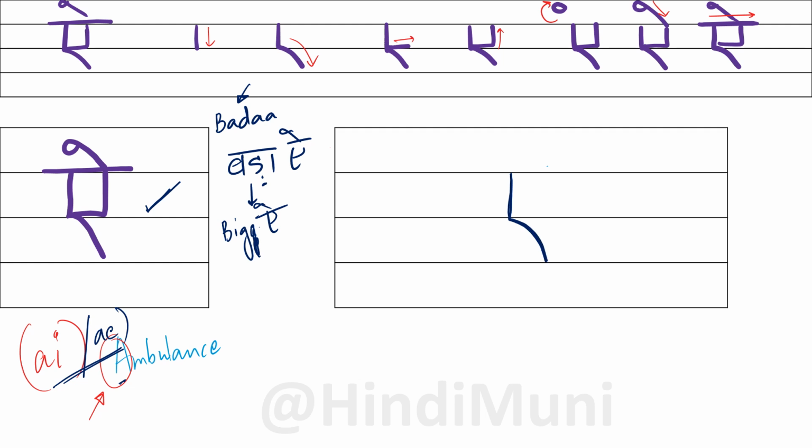Like for chota a, you make one vertical line downwards, then a slight curved line downwards, then you come horizontally straight, then you go vertically upwards, then you make a small semicircle, come down, and then you make this horizontal line. Okay, just going over once more.